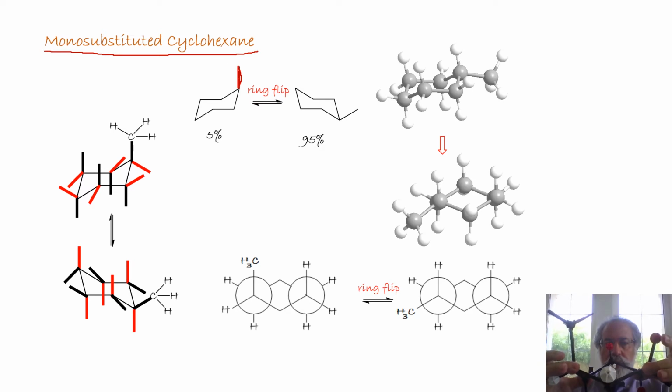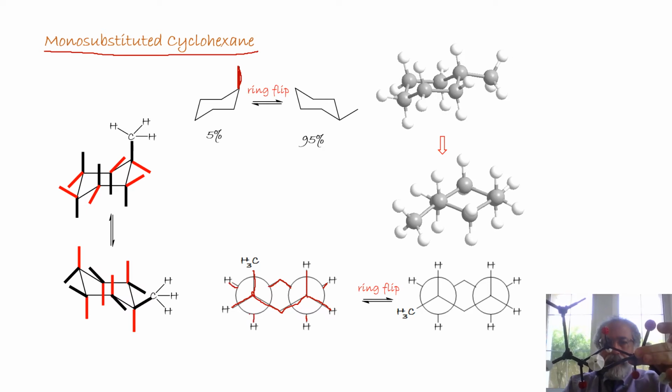We will look at the molecule from this carbon and that carbon, okay, and we'll end up with methyl on the carbon, hydrogen, CH2, and then this carbon will have two H's, and in the back HH, CH2, H, H.